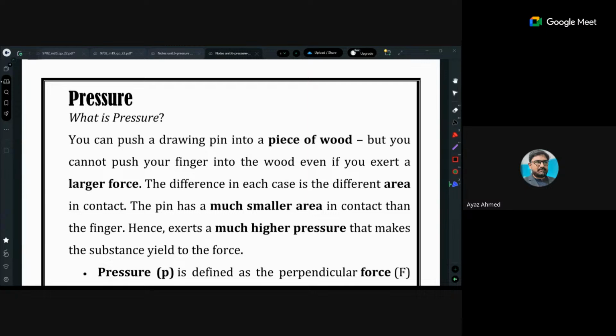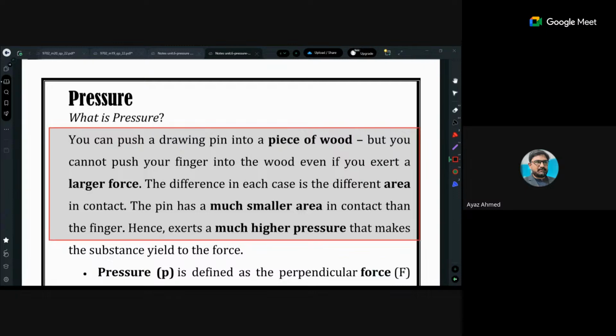When we talk about pressure, pressure means how much force is applied per unit area of a body. In this first paragraph, for the introduction of pressure, here are some examples. For example, when you push a drawing pin into a piece of wood, what do you observe?